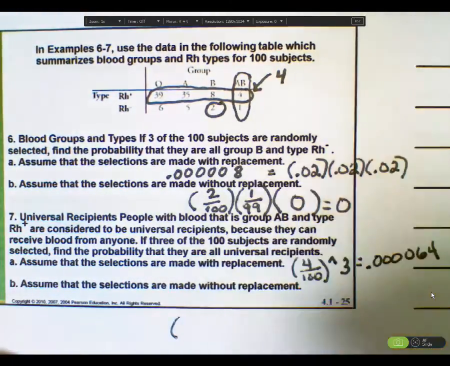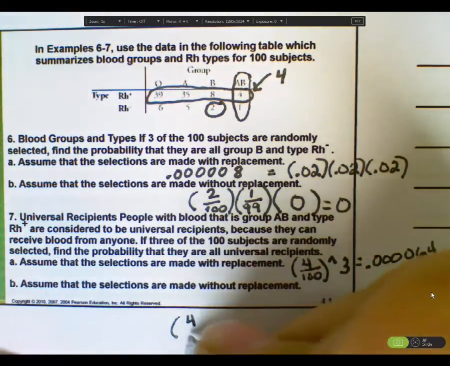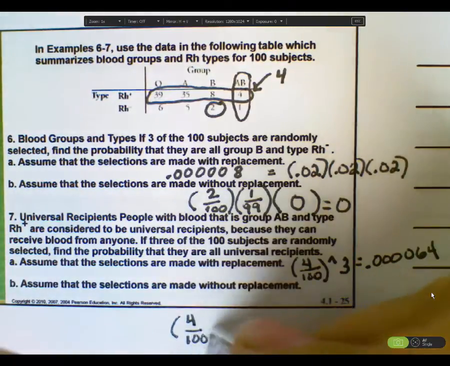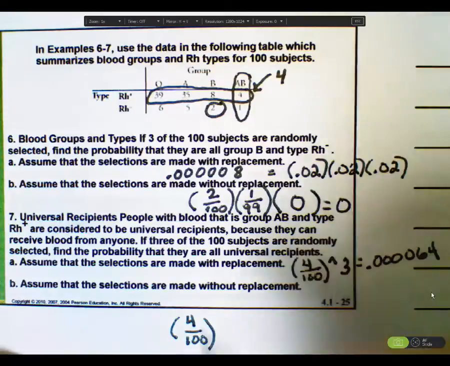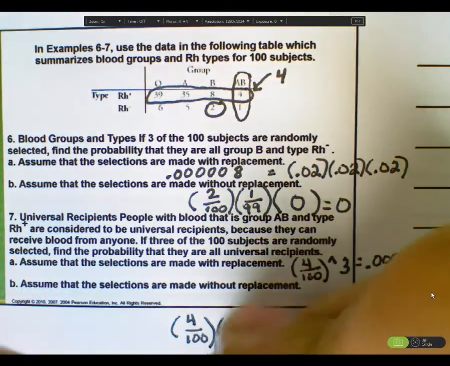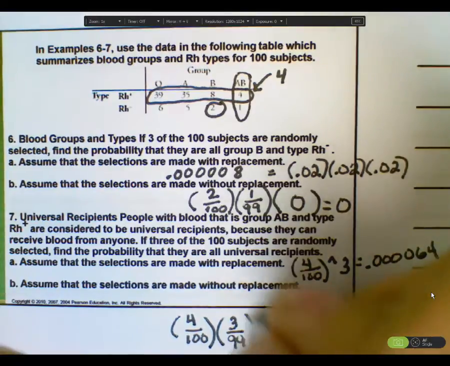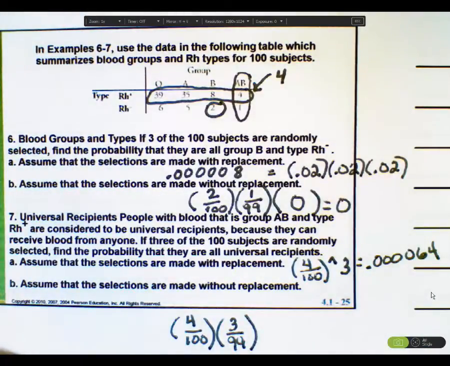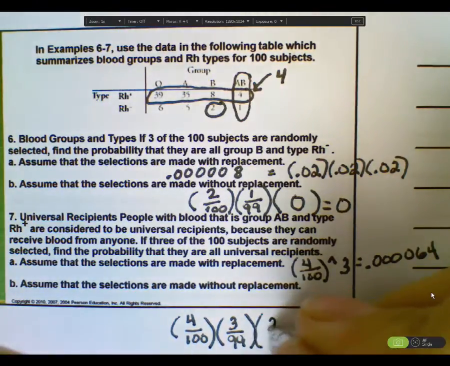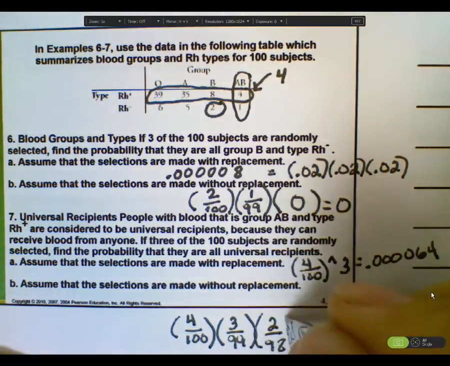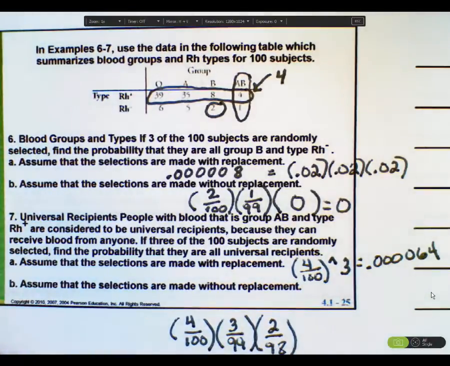Well, the first person would still have a 4 out of 100 chance of being a universal recipient. But if I didn't put that person back, the next person would only have a 3 out of 99 chance of being a universal recipient. And if I didn't put that person back, then the third would only have 2 out of 98 as a probability of being a universal recipient.